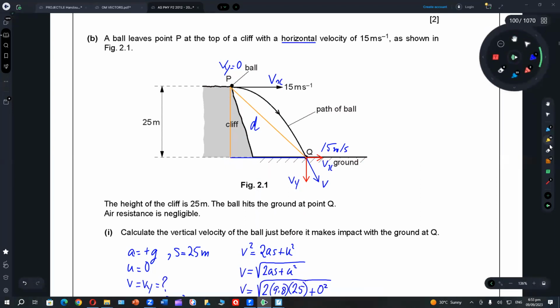The way we find the horizontal displacement is by multiplying the horizontal velocity with the total time. My plan is to find the horizontal displacement dx, because I have a constant horizontal component of 15 with me.